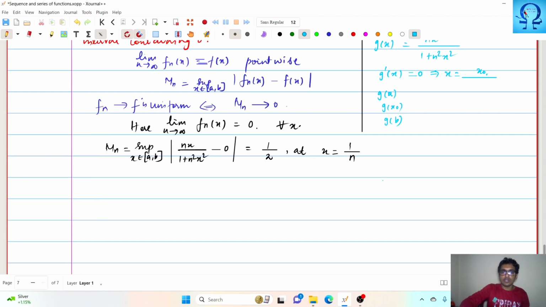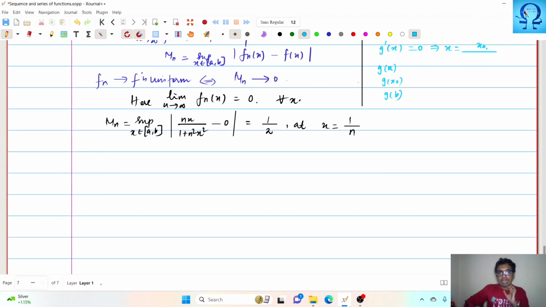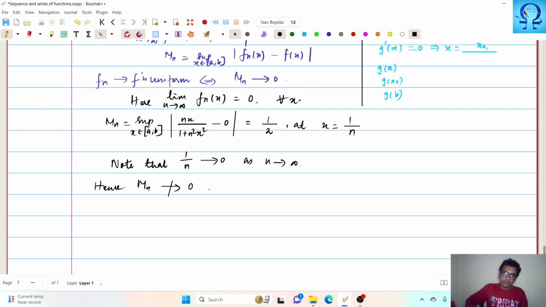This way also we can find it. If x is 1 upon n, that gives the supremum value 1 upon 2. Note that this 1 upon n goes to 0 as n approaches infinity, and hence Mn doesn't go to 0 if this 1 upon n is a member of the interval [a, b].